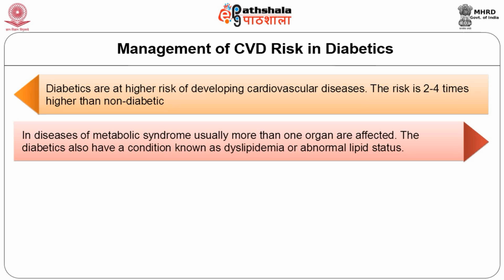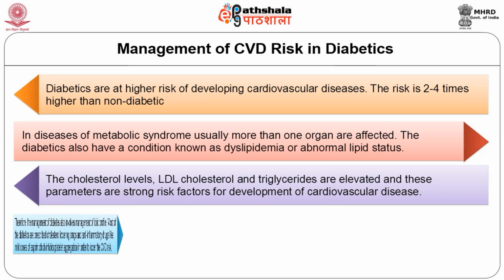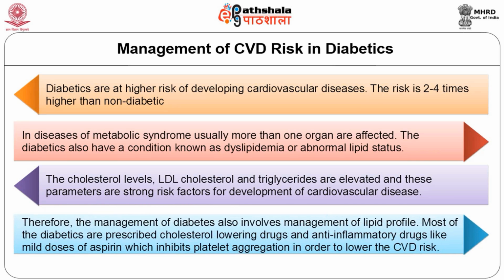The diabetics also have a condition known as dyslipidemia or abnormal lipid status, that is, they have high levels of cholesterol and high levels of LDL cholesterol or the low density lipoproteins, and the triglycerides are elevated, and all these three are very strong factors for development of cardiovascular disease. Therefore, management of diabetes also involves management of lipid profile.